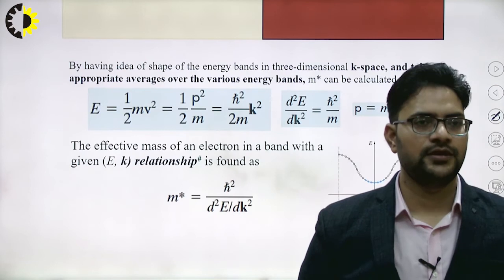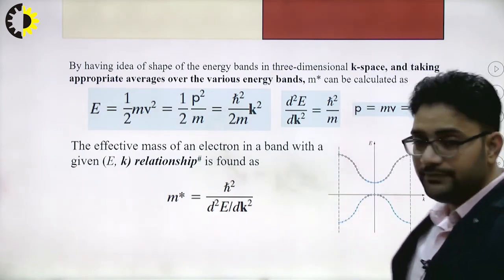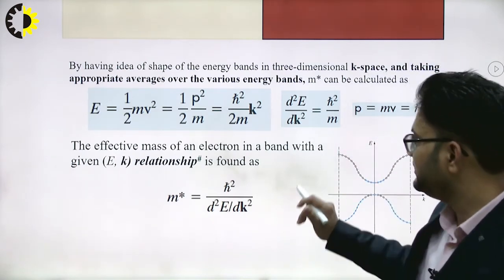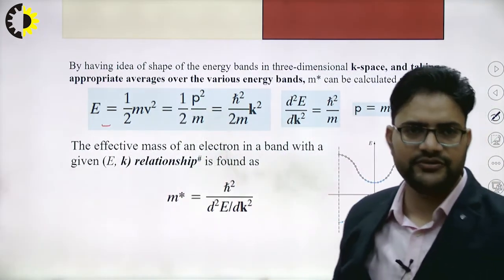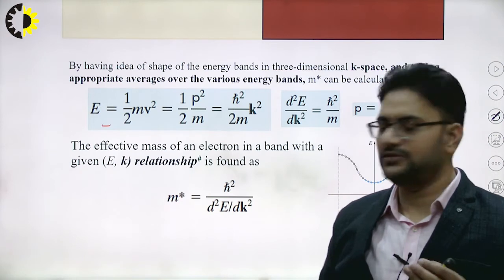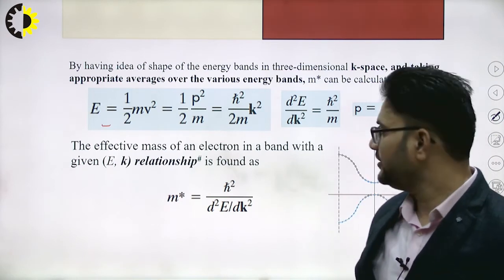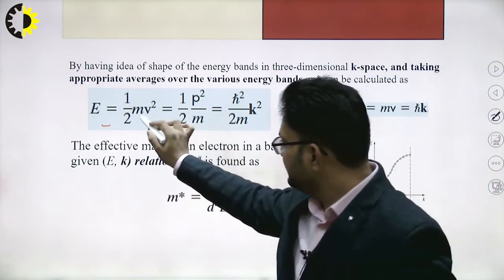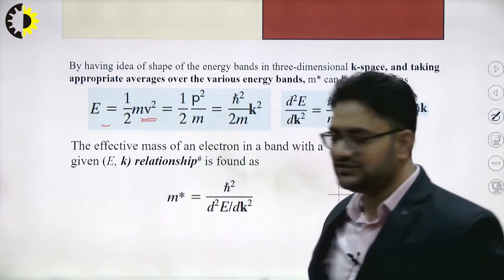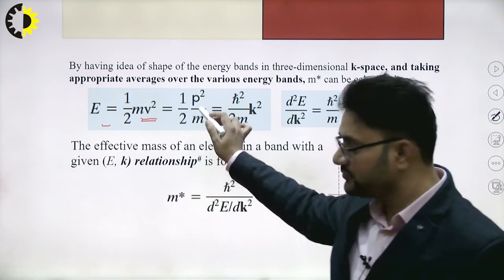Now from the previous video lecture we have already discussed that the energy is equal to half mv square. We are assuming that the electron is moving with a kinetic velocity, and from this mv relation we can write this in terms of the momentum also.